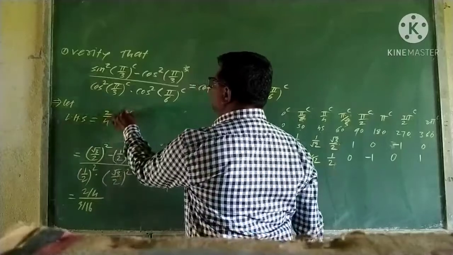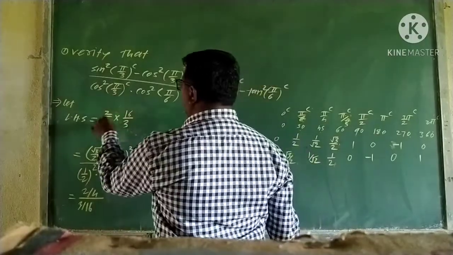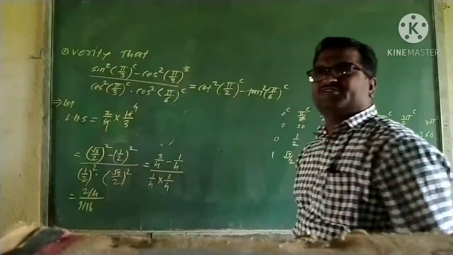It can be written as 16 divided by 3. Now here 4 4s are 16.